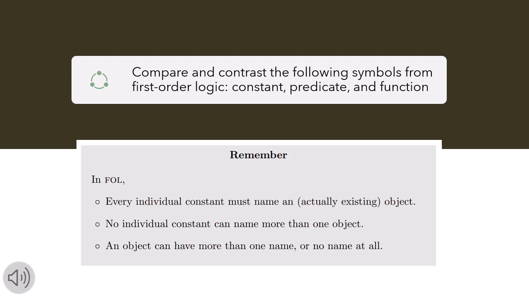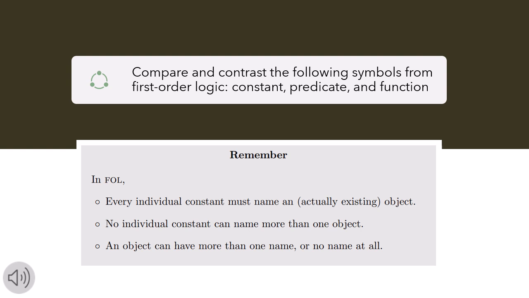Often we'll use just single lowercase letters, but sometimes we'll use sequences of letters, like a name, like Max. And no individual constant can name more than one object. So if you have a constant, it refers to at most one object.